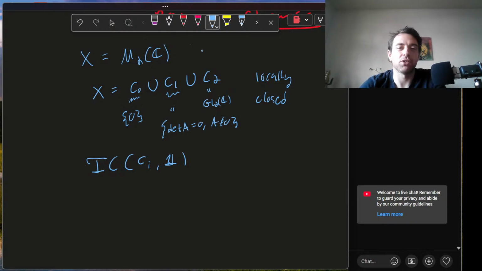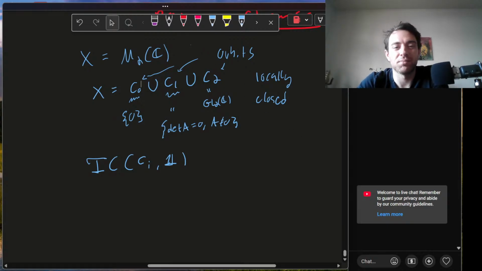I apologize if sometimes I slip and call these orbits. I'm trying to throw away as much of the fluff as possible and get straight to the point with the actual computation.